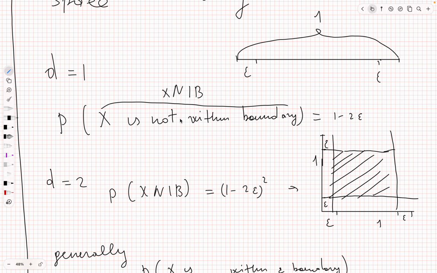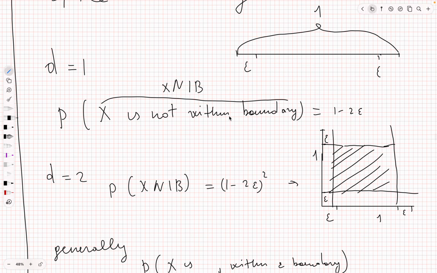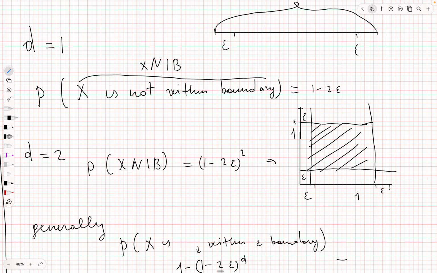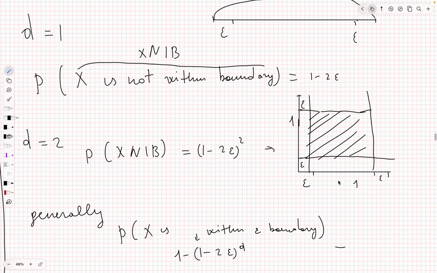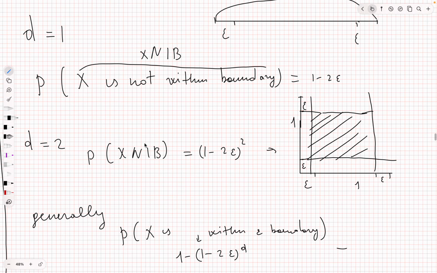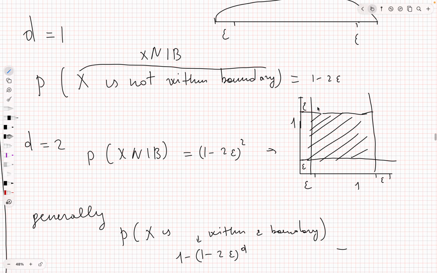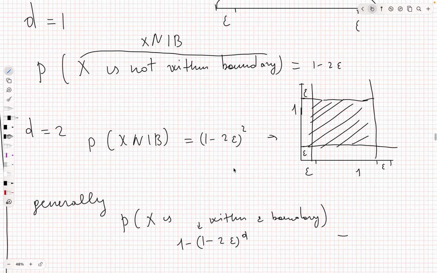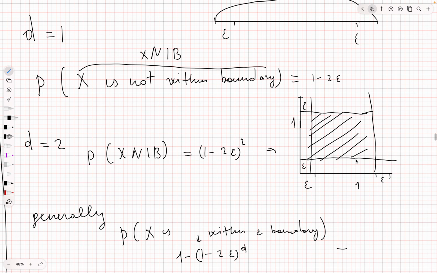And let's look at the case where we have 2 dimensions. Then, instead of a line, we can write it as an area. You can see that in this case, the probability that x is not within the boundary is the area of this section. How do we calculate it? We just multiply the length on the x-axis with the distance in the y-axis, because now the probability is an area.